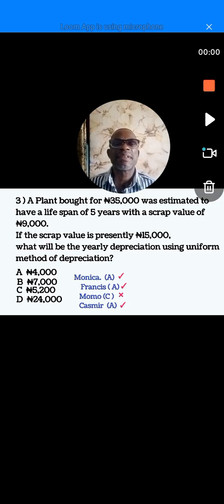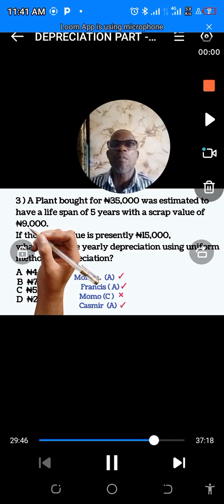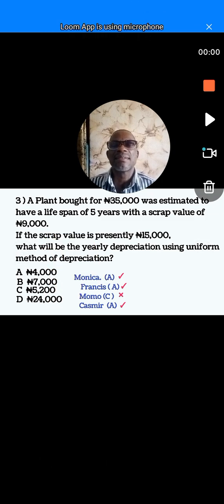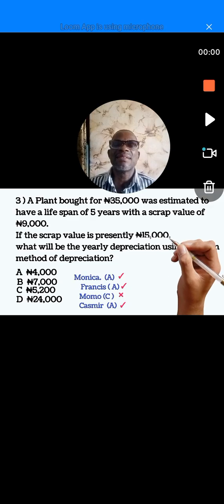You will not use the previous scrap value. You will use the present scrap value, which is 15,000. Probably that is why Momo did not get it. Momo used 9,000 as the scrap value. So in this question, you are learning that if there are two scrap values, you use the current scrap value.